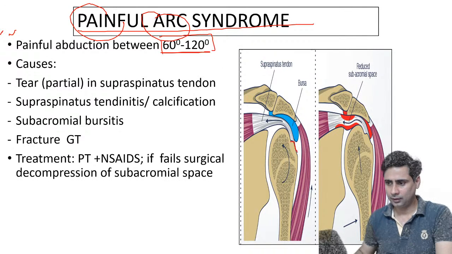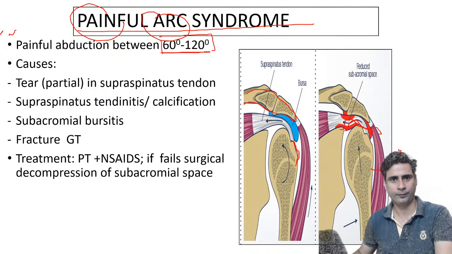As you can see, greater tuberosity, and this is coracoacromial arch. Normally in adduction, this greater tuberosity is way away from this arch. As you do abduction, this greater tuberosity will come here below this arch or acromion process.